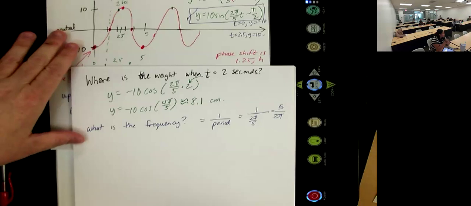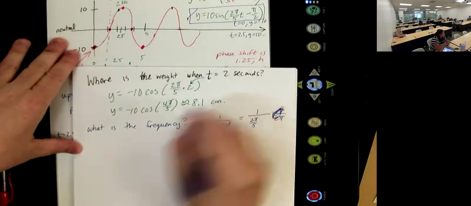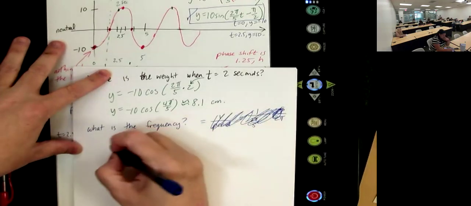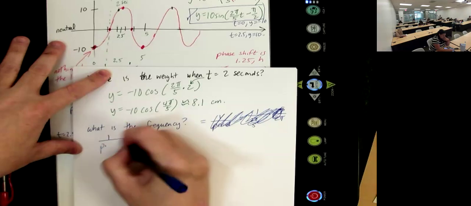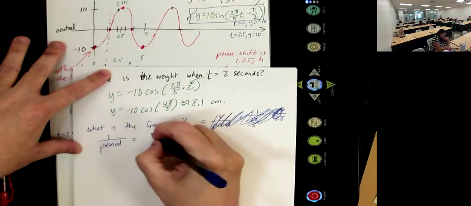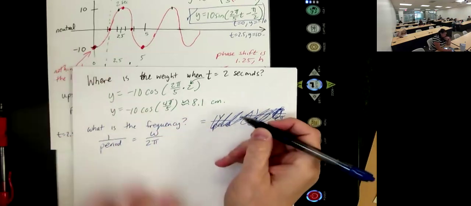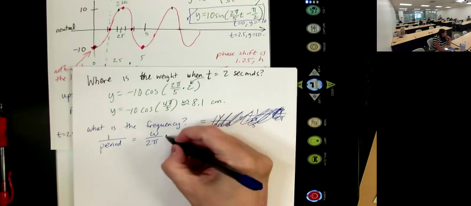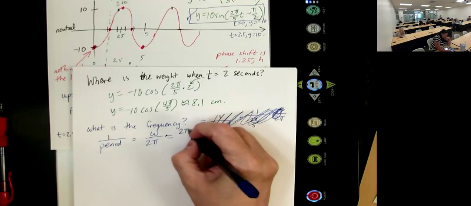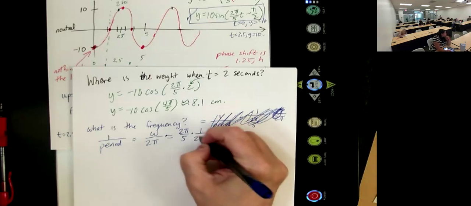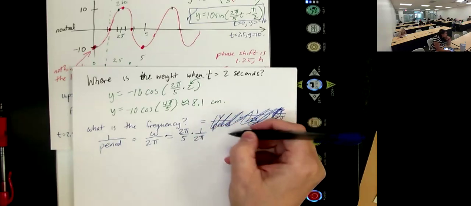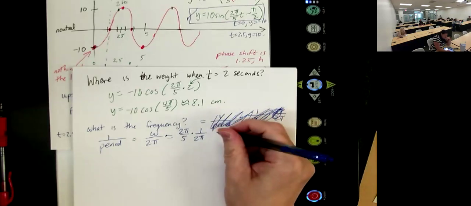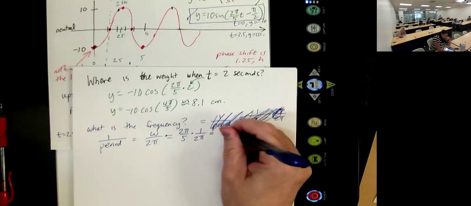Wait, nope, that's wrong. Let's do this the other way, because that's not the period. It is 1 over period, but that's omega over 2 pi. So my omega is 2 pi/5, and I multiply that by 1 over 2 pi. And I get 1/5.